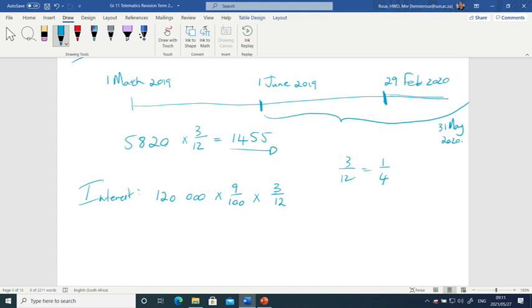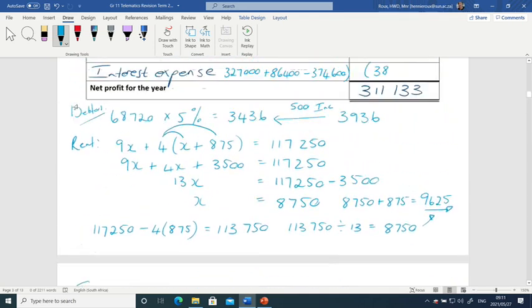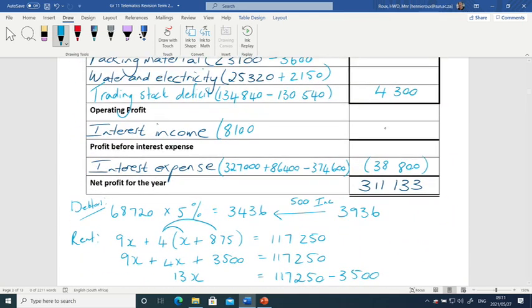But 4 months is a term. That's a third. But a quarter is only 3 months. And that will give you 2,700. So this is the amount that we are still supposed to receive. And we know it is accrued, therefore we must add 2,700.